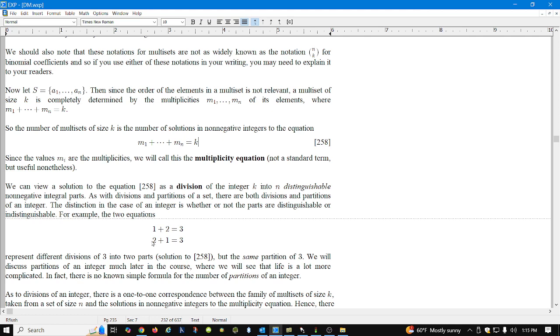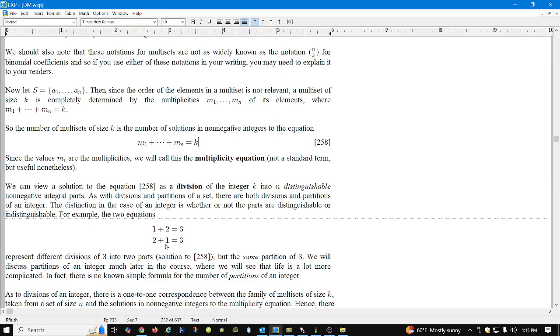Two different solutions: x equals 1, y equals 2, and x equals 2, y equals 1. But as partitions of the integer 3, these are the same, because the parts are indistinguishable. So you can reorder the terms in the sum any way you want. It doesn't change the object.